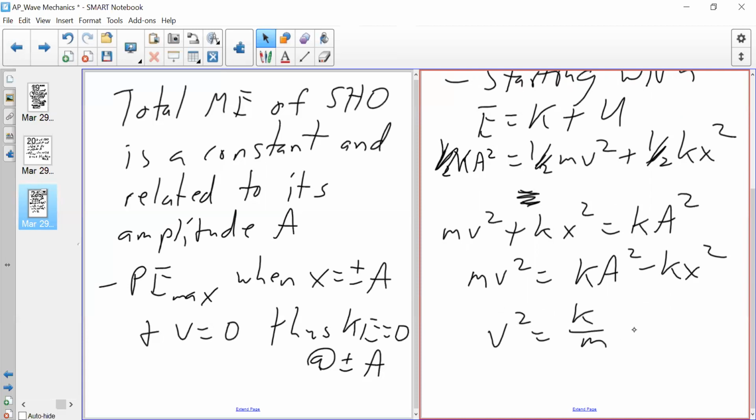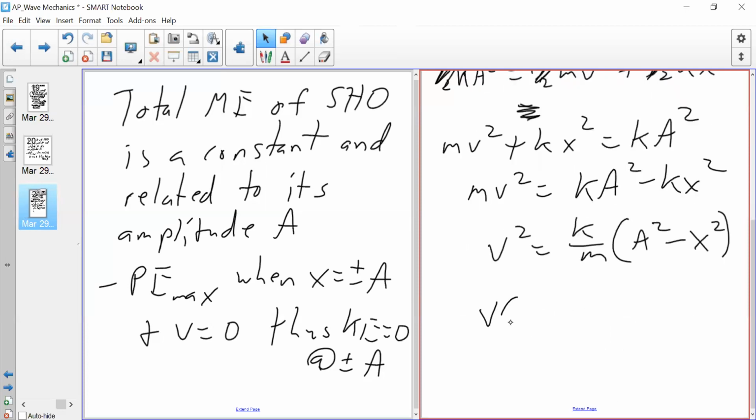We factor out the k over m, and we get A squared minus x squared, and take the square root. v of x is equal to the square root of k over m times the square root of A squared minus x squared.